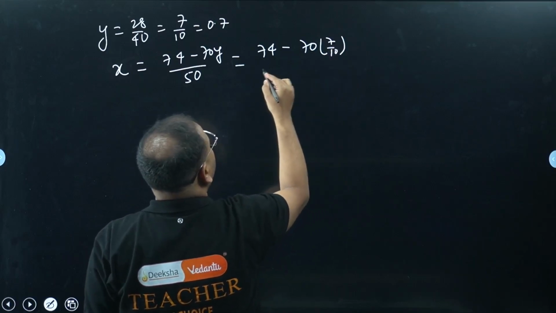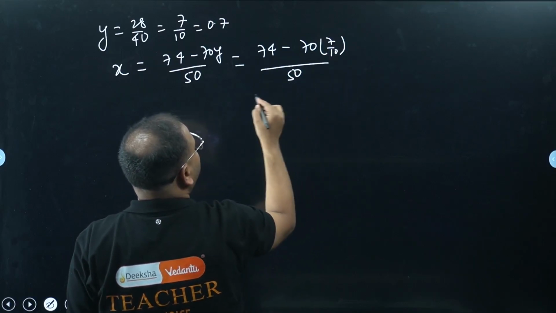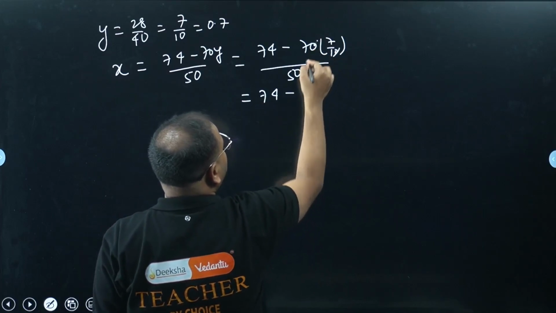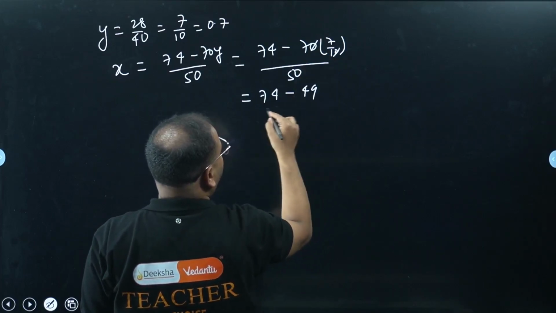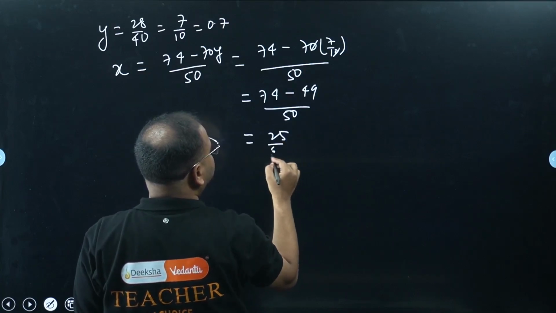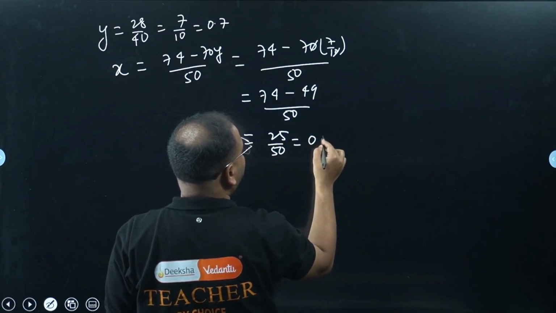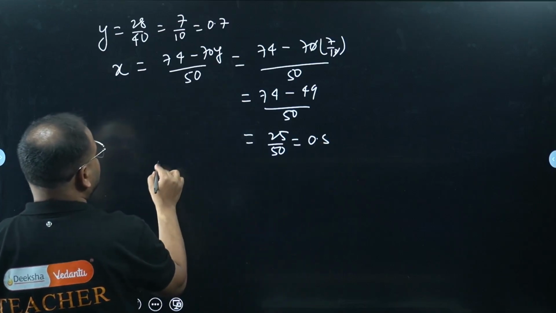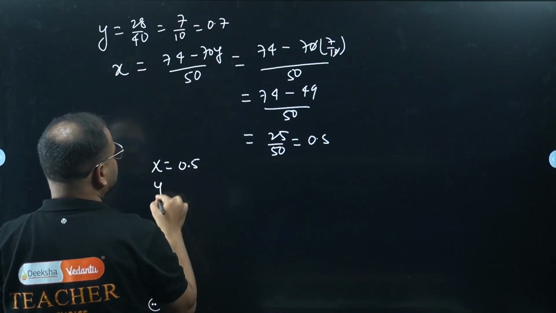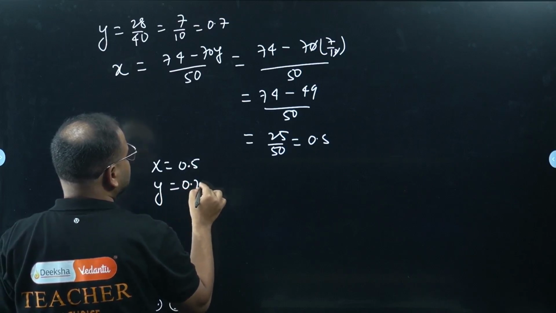So what it becomes? 74 minus 49, upon 50. This is 25 by 50. Answer is 0.5. So my x is equal to 0.5 and y is equal to 0.7.